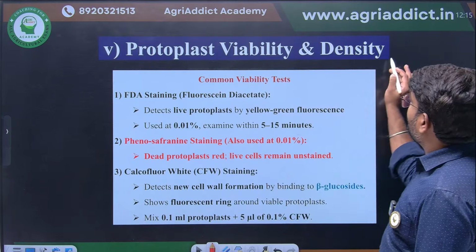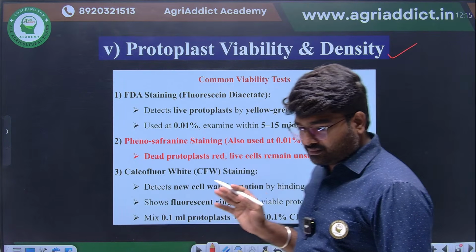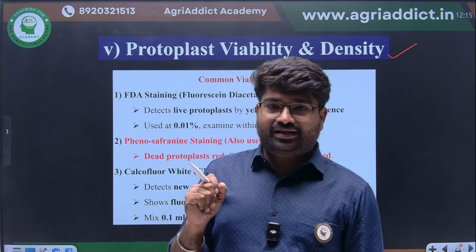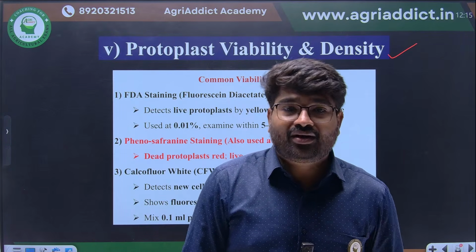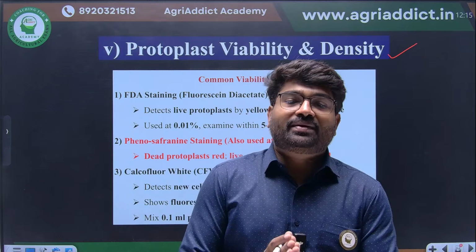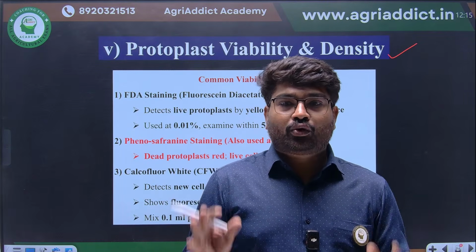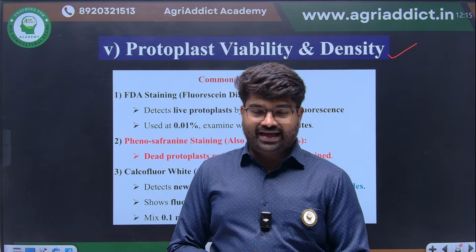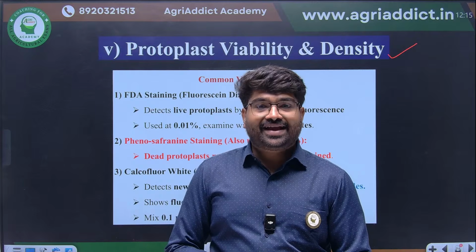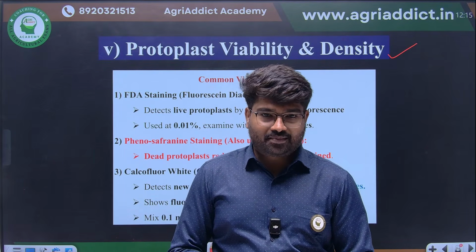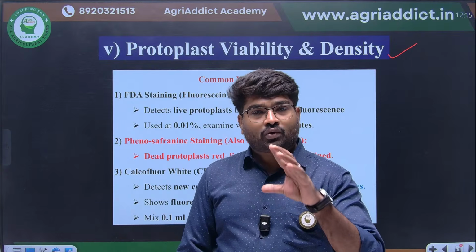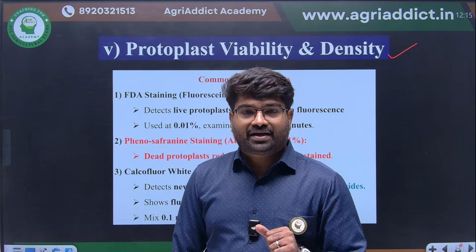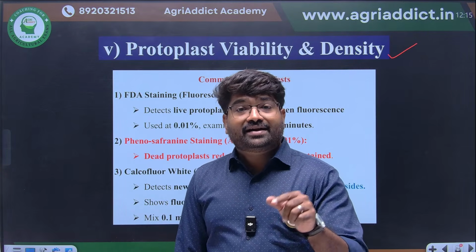Then the protoplast viability test. If I have isolated the protoplast, how can I check whether it is viable or not? Simply, we stain the protoplast with different chemicals. The question they will ask is: which stains will stain only the dead protoplast?